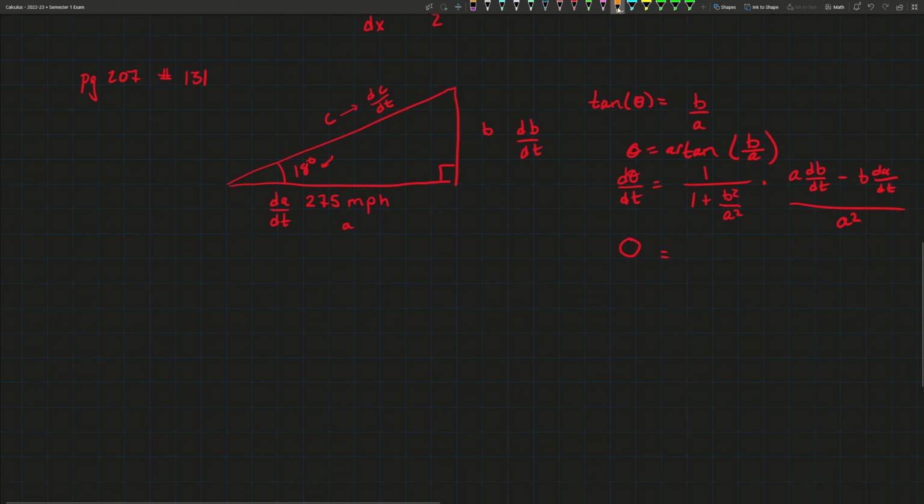So if you want to skip all that hard stuff, you just need to do the tangent of 18 degrees is equal to dB/dt over dA/dt. I think that's how we did it. That's going to be 275 times the tangent of 18. I think that's right.